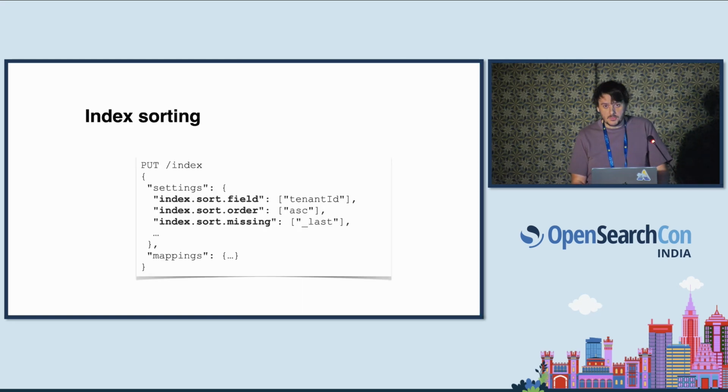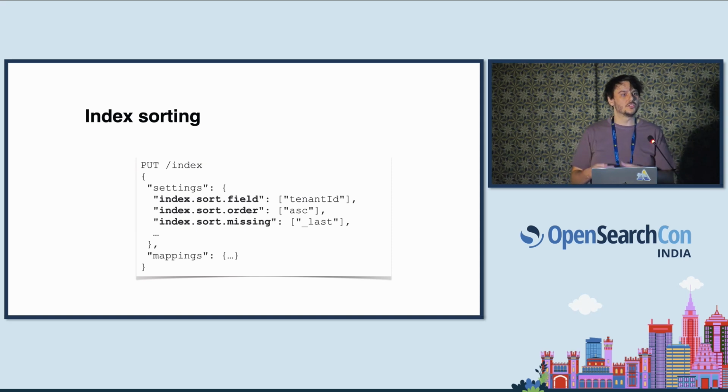One of the tools that you have available for co-locating data is index sorting. Normally when you're writing things into an index, they roughly go into the order that you write them in. There's no necessary guarantee that happens, but that's roughly what ends up happening under the hood.